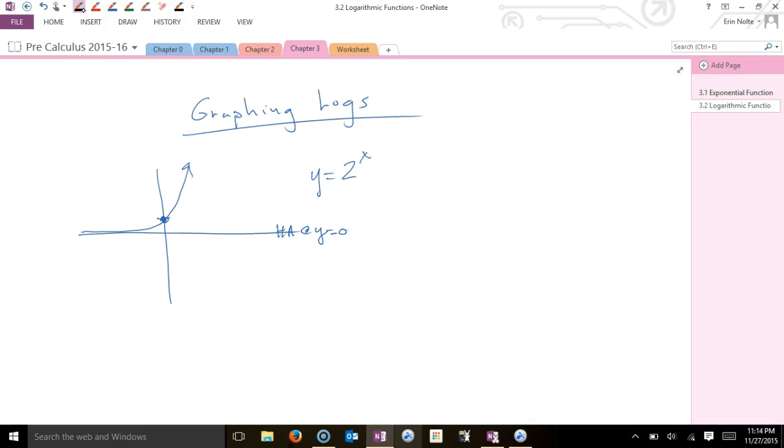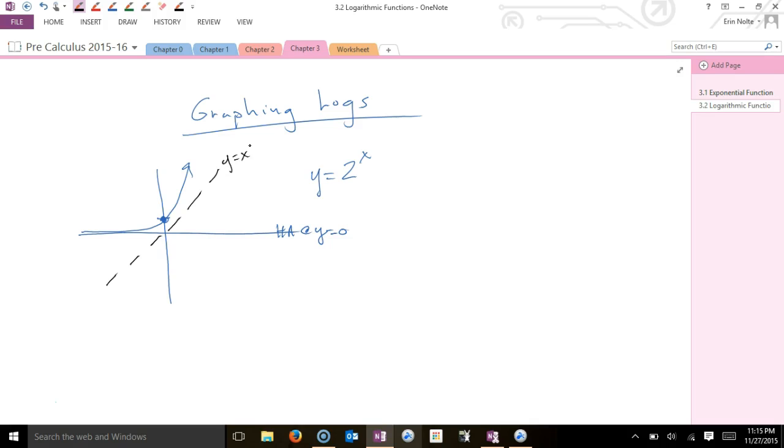So graphically, the original function is reflected over the y equals x line. Okay, so if I draw the y equals x line, okay, so that's y equals x, and I take that blue function and I reflect it over that black line.